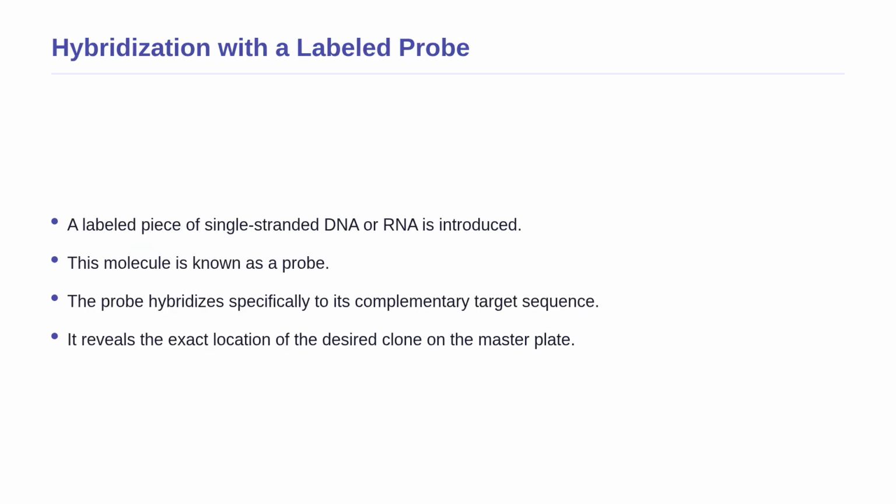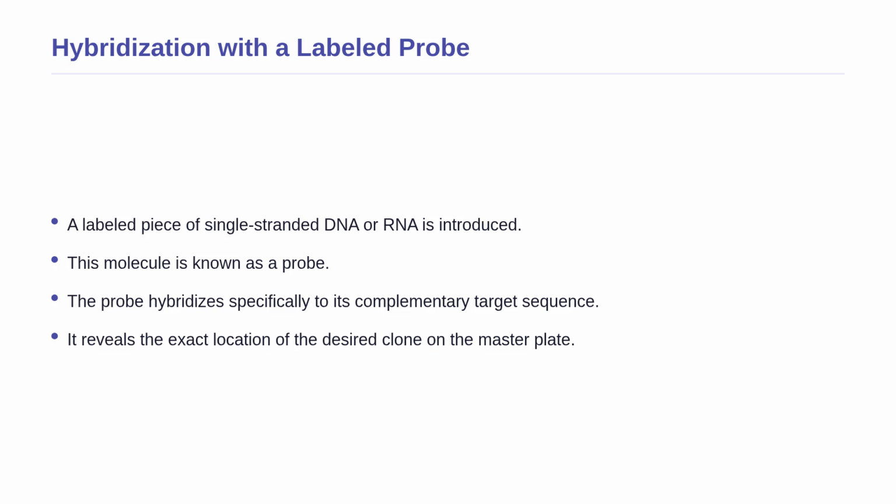With our DNA securely fixed to the membrane, we can now introduce our glowing magnet. In molecular terms, this is a labeled piece of single-stranded DNA or RNA, known as a probe. We introduce this probe to the membrane, and because it is single-stranded, it will naturally seek out and bind, or hybridize, specifically to its complementary target sequence.